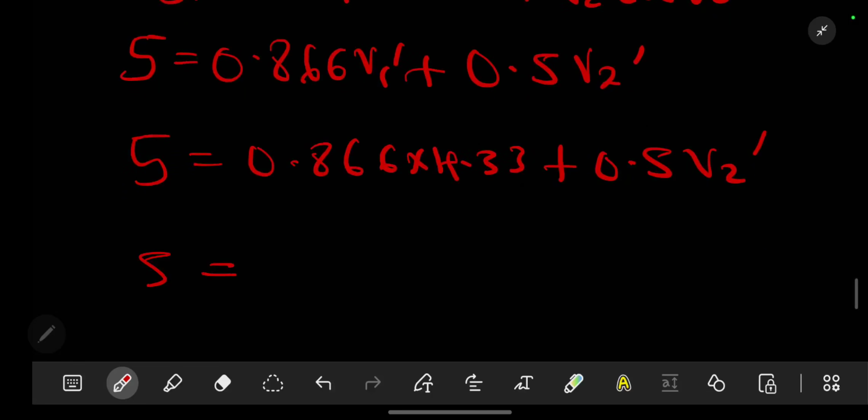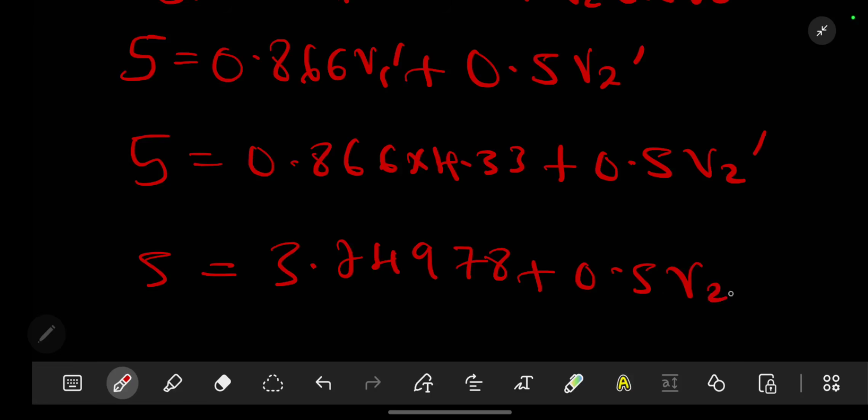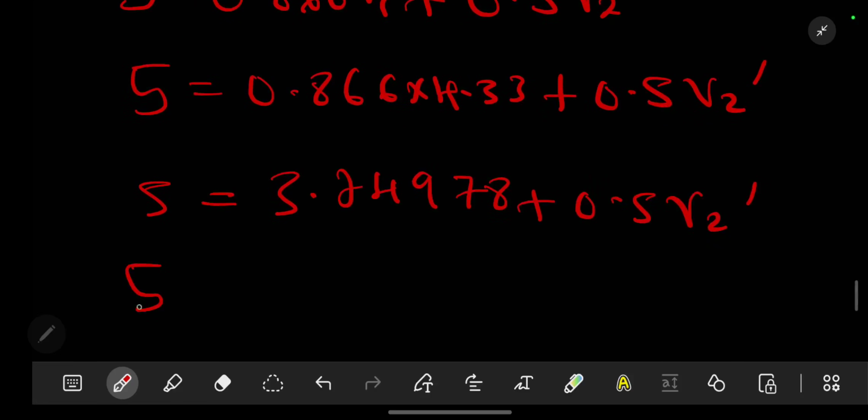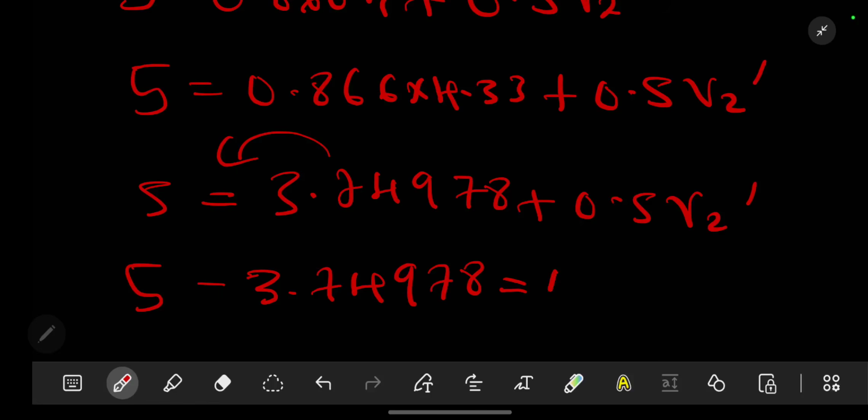So we have 5 should be equal to 4.33 times 0.866. This gives us a value of 3.749978 plus 0.5 v2 cap, like that. So we have 5 should be equal to that. When this comes to this side, it will be minus 3.74978 should be equal to 0.5 v2 cap.